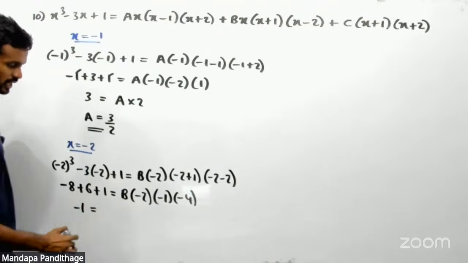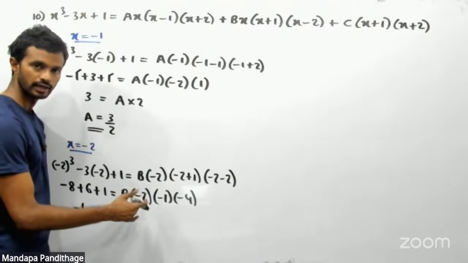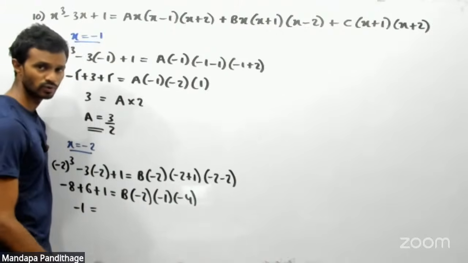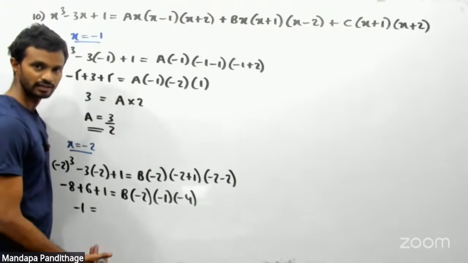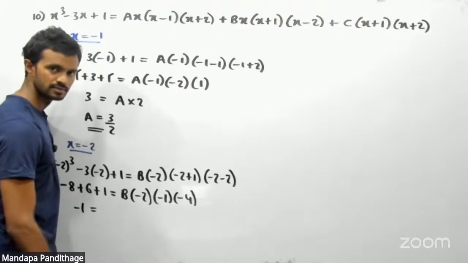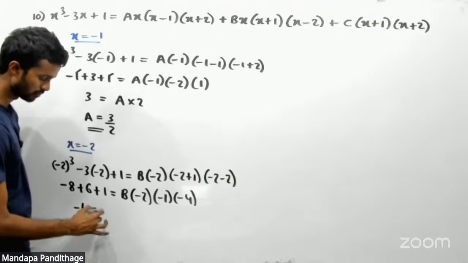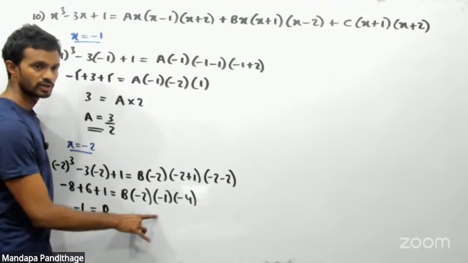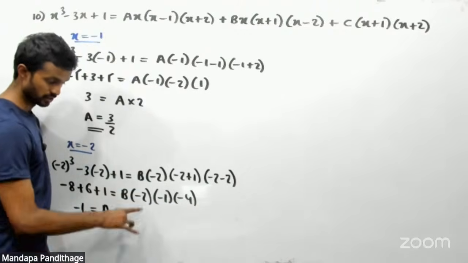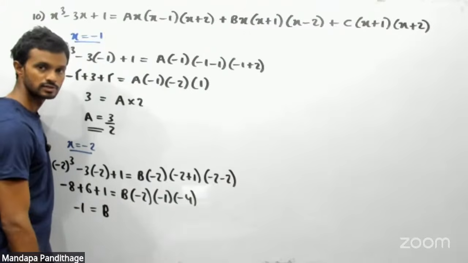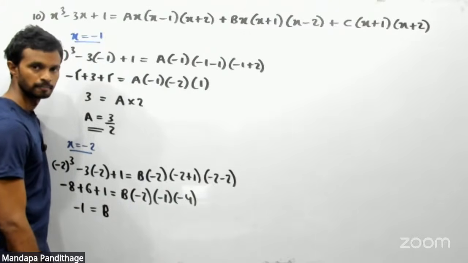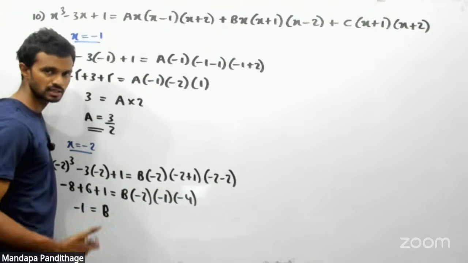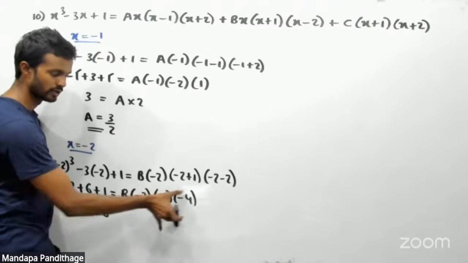In this case, you don't have to multiply like a grade 10 student. Minus 2 into minus 1 is plus 2, plus 2 into minus 4 is minus 8. No, we don't do it that way. When you have 3 minus signs, it's anyway minus, and then 2 into 4 is 8.